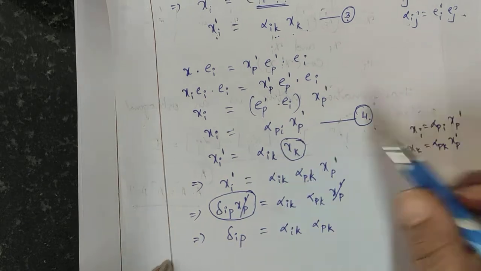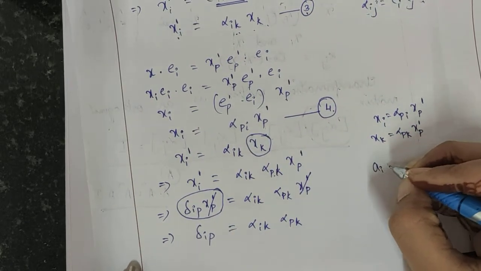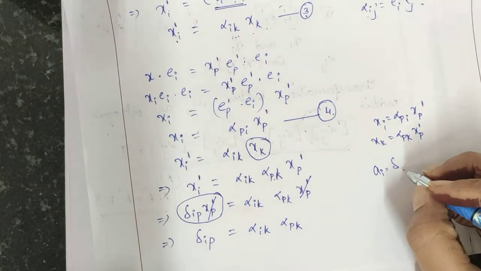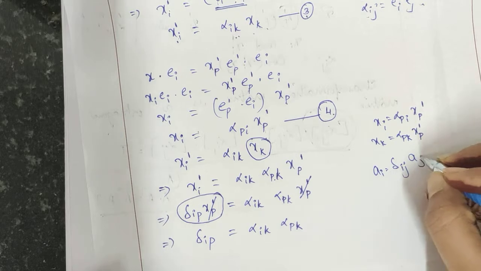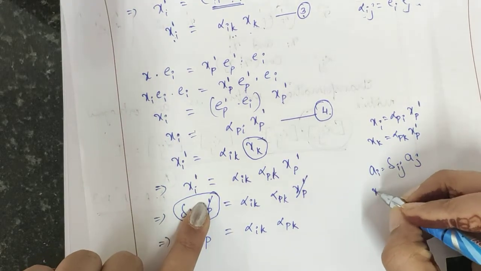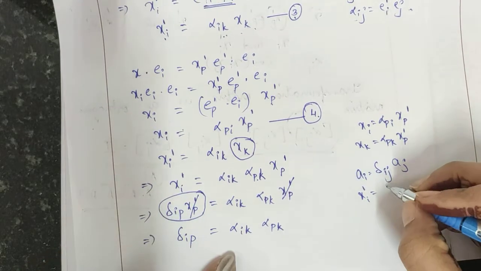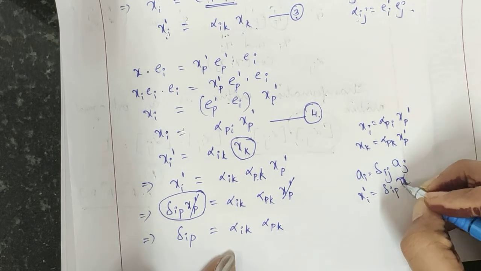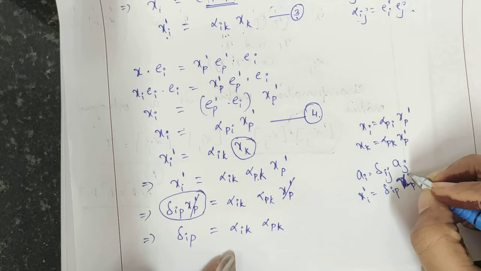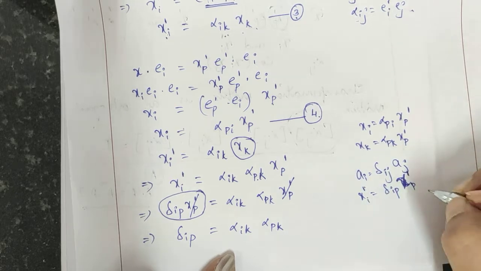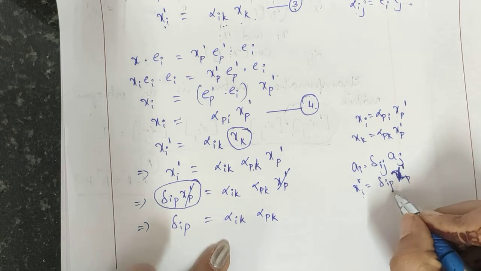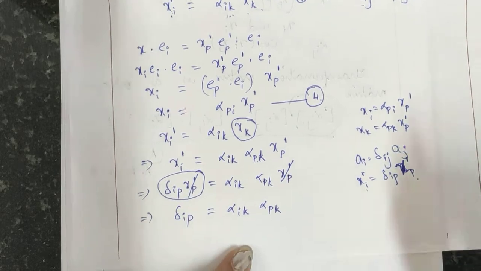Using that we have seen ai is equal to delta ij aj. So similarly here I have xi prime, so we can write delta ip xp prime. I have prime here, so I have written prime here also. So xi prime is equal to delta ip xp prime.